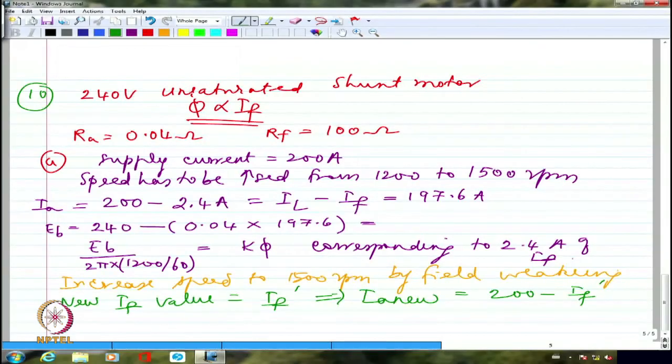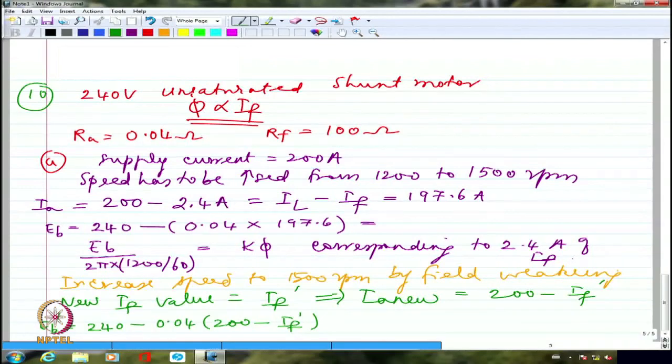Right? And 200 minus IF dash is IA new. So 240 minus 0.04 multiplied by (200 minus IF dash) will be my EB new. Let me call this EB dash. Right?